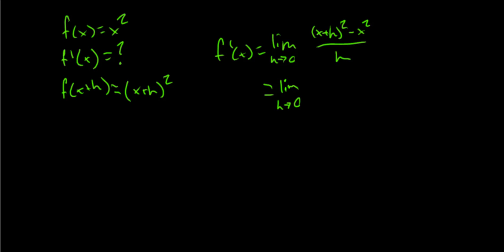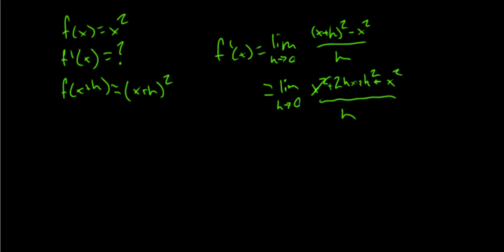So the limit as h approaches 0 of, well, when we multiply x plus h by itself, when we're squaring it, we get x squared plus 2hx plus h squared. Simple factoring. And now we have minus x squared all over h. Let's make our numerator simpler like we did in the first example.